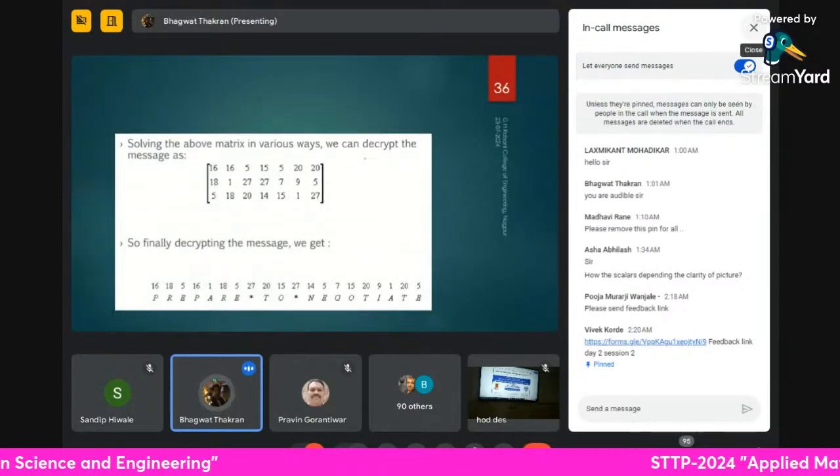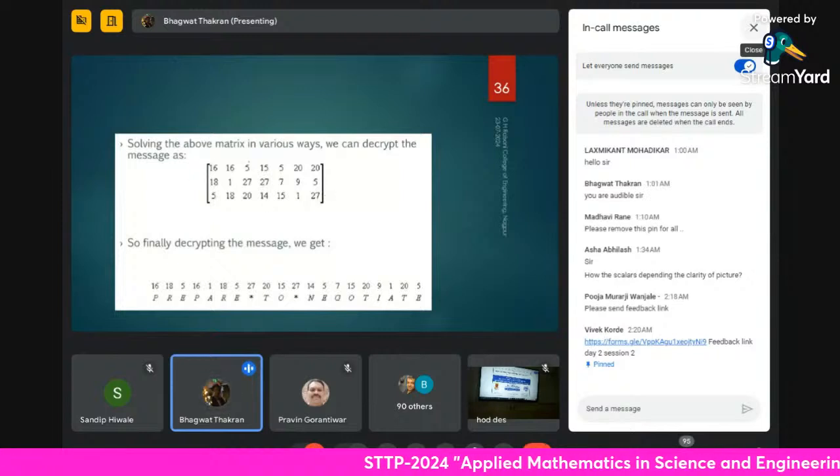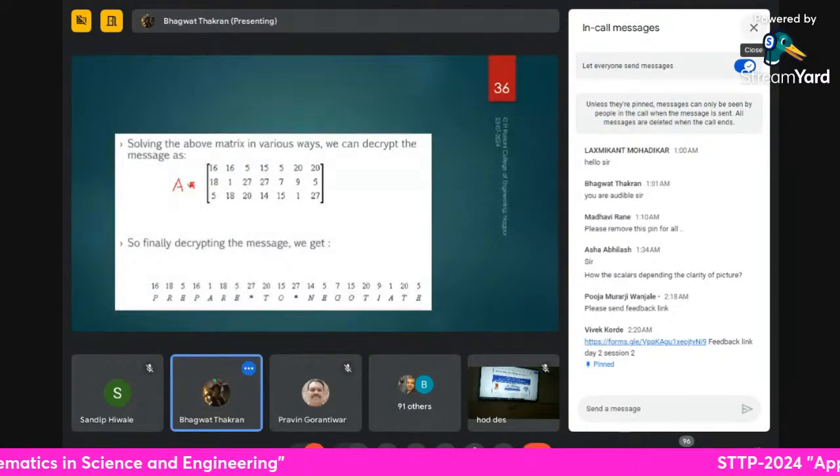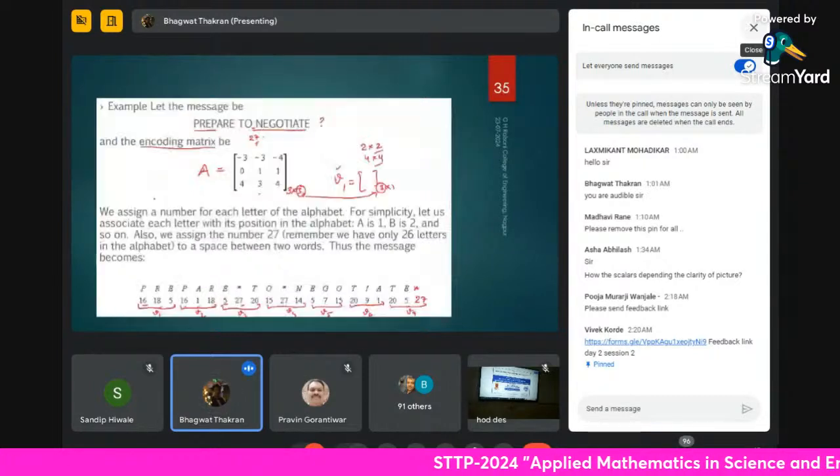Now I want to decrypt this part. So for decryption, I'll multiply with matrix A. The moment I multiply with matrix A, let us take only one example.